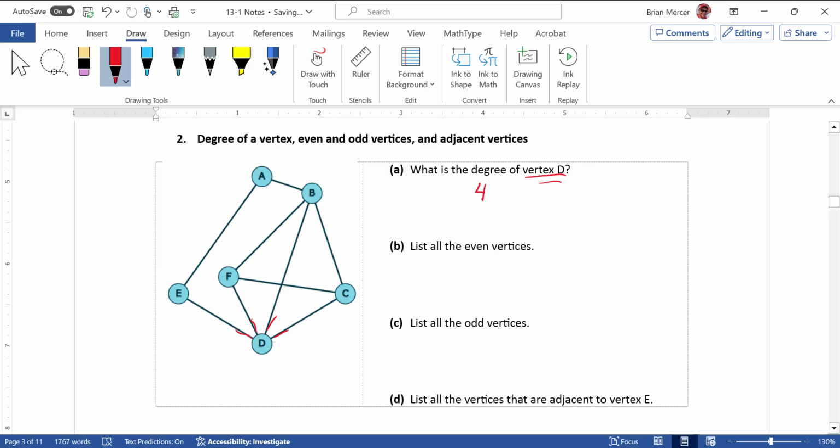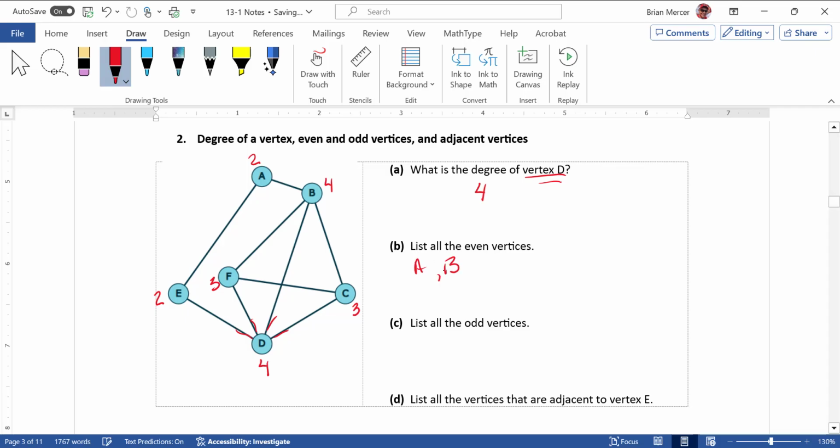List all the even and odd vertices. Well, we kind of got to go through. This one has 4. This one has 2. F has 3. C has 3. B has 4. And A has 2. So that means A is even.